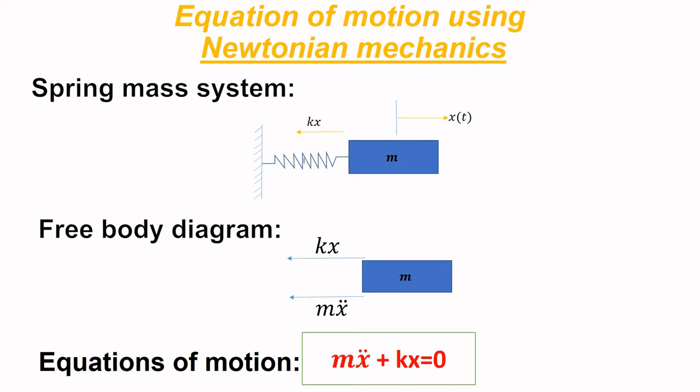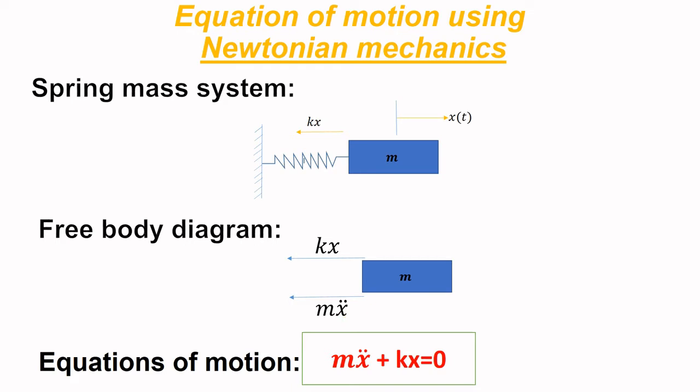So if I draw the free body diagram for our system, this is our mass and this is the spring force that is acting opposite to the direction of acceleration. Now this is the inertia force I am having. This is mass and x double dot is nothing but acceleration.